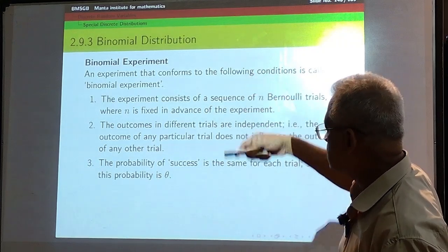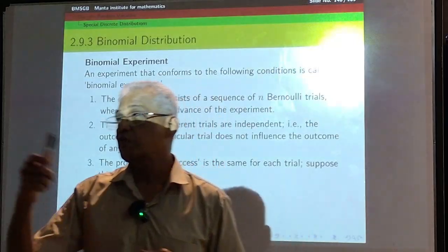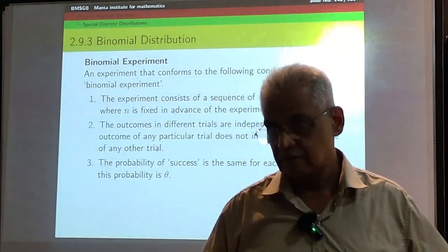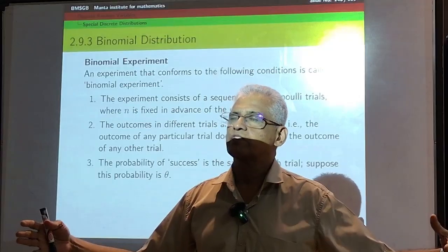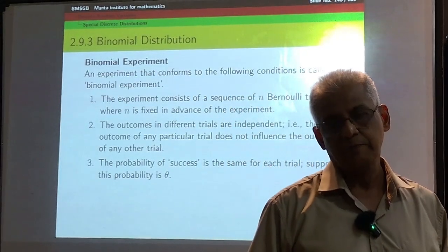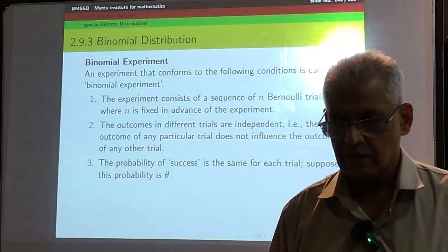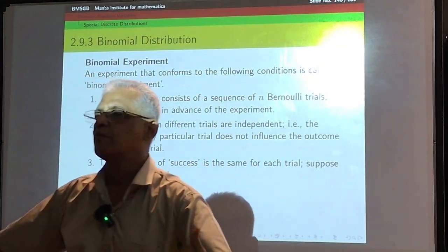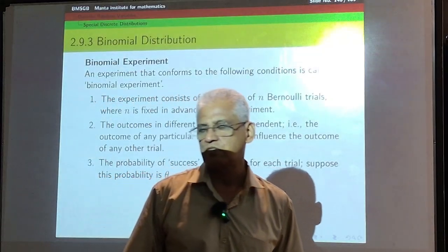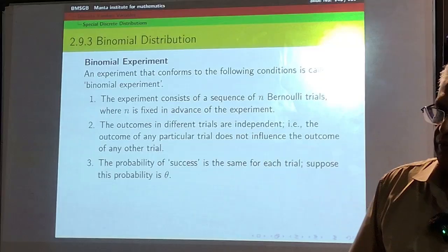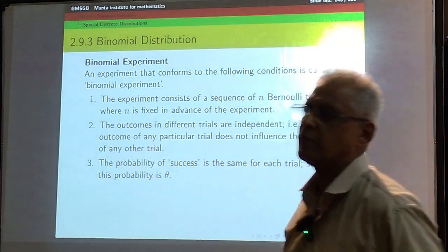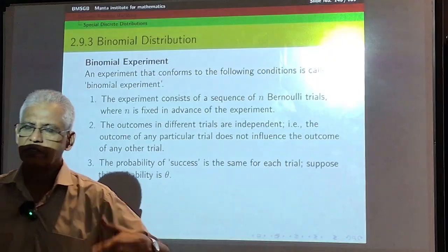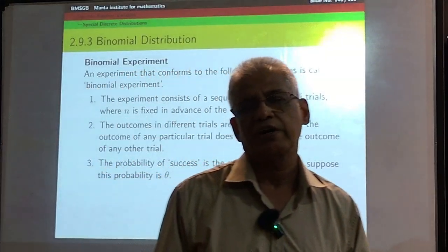If you can assume these three conditions, and you define the random variable X to be the total number of successes in these n experiments, then we say X has a binomial distribution. So there are n Bernoulli trials, where we assume the outcomes are independent and the probability of a success is the same for each trial.